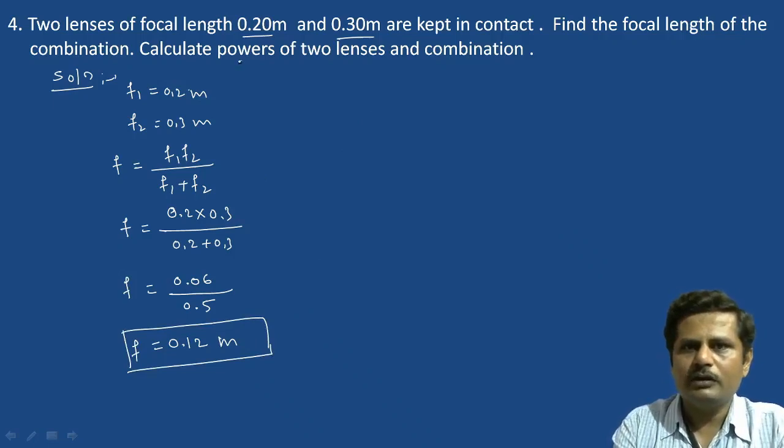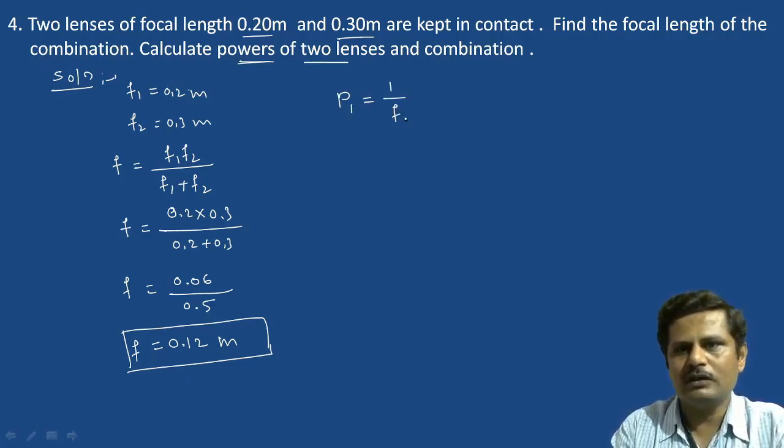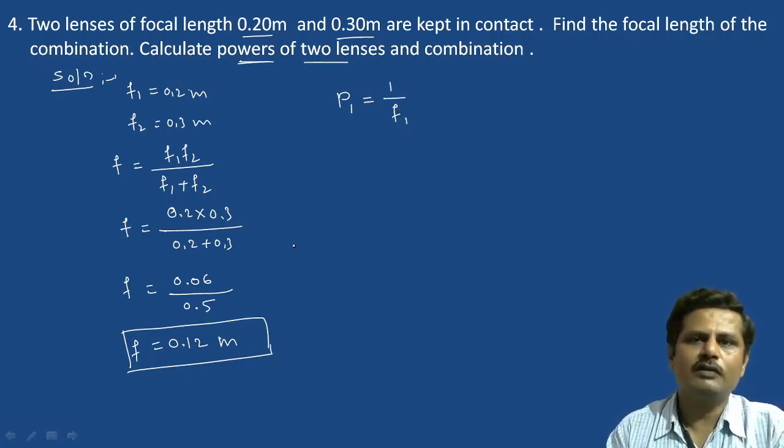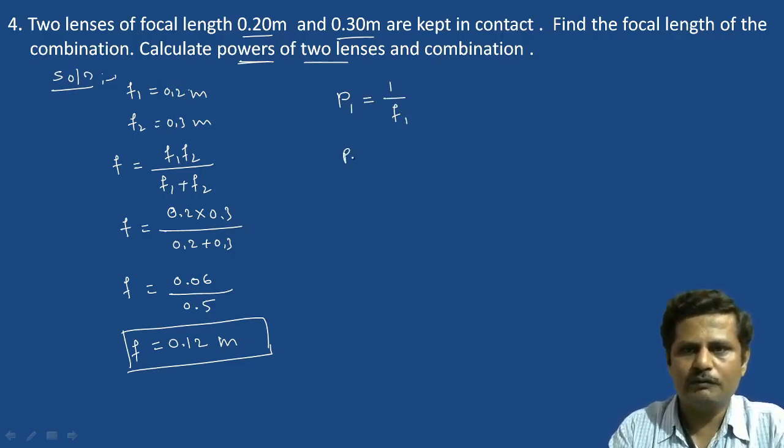Now let us find out the power of the two lenses. So we know that power is equal to the reciprocal of its focal length. So power of the first lens is equal to the reciprocal of the focal length of the first lens. Therefore, power of the first lens is equal to 1 divided by 0.2. So this is nothing but P1 is equal to 5 dioptre.